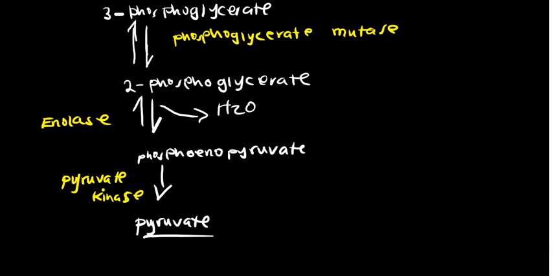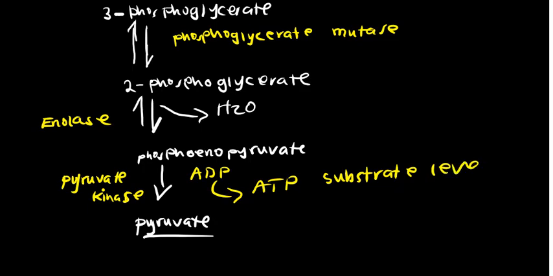Here we remove phosphate from this one, so that means ADP gets converted to ATP. So this is another substrate level phosphorylation. Wherever there is formation of ATP, that's what we call substrate level phosphorylation, which are the 2 steps that we've seen so far.